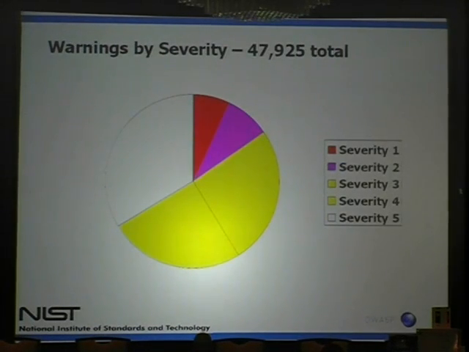Now this is a division of warnings by severity as assigned by the tool. Severity 1 and 2 are the subsets that we decided to focus on simply due to the lack of resources. And that, of course, causes a lot of problems because even in the lower severity issues, there are many interesting cases to consider.